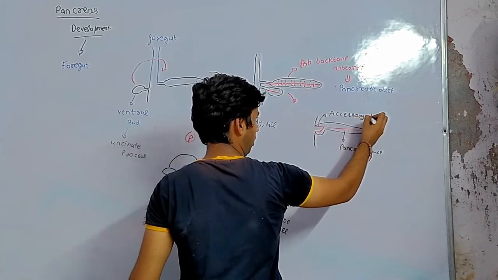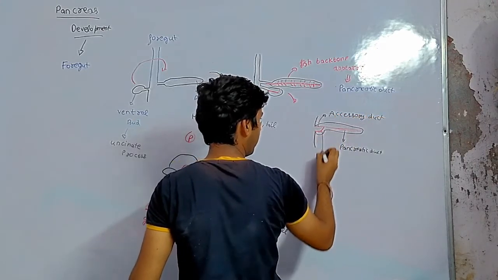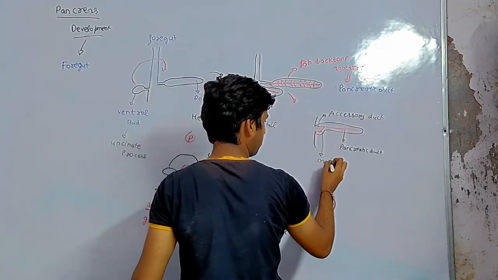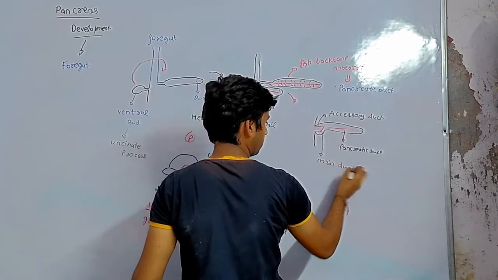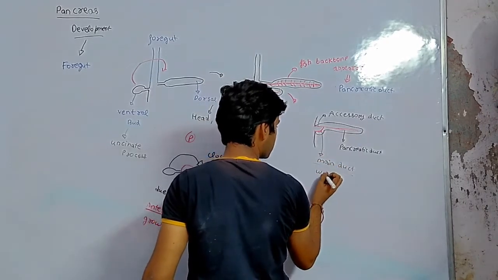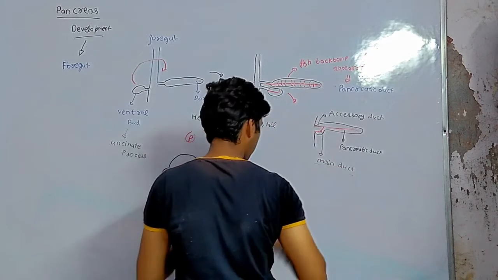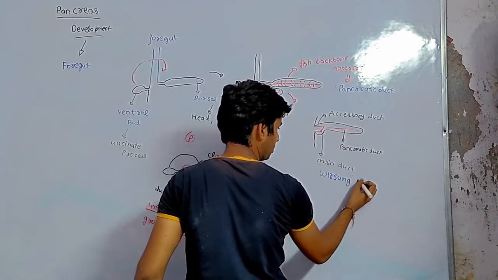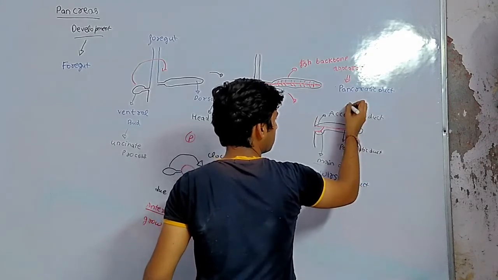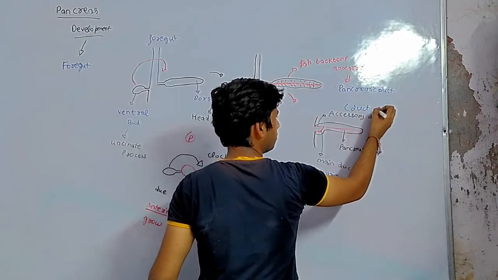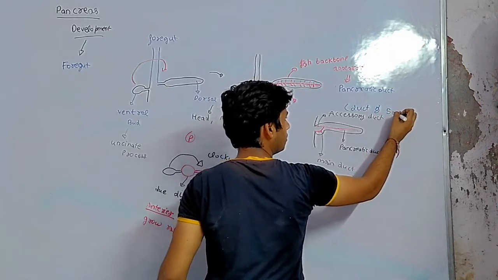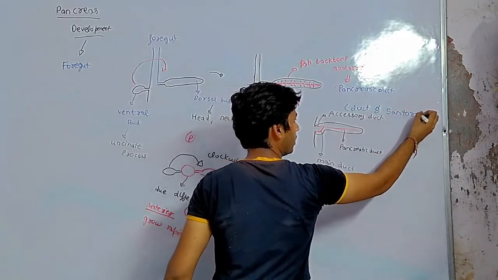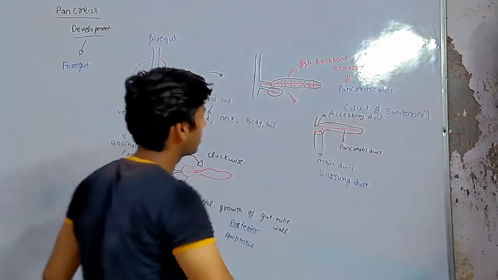The main duct is called the duct of Wirsung, and the duct of Santorini. Done. These are the parts.